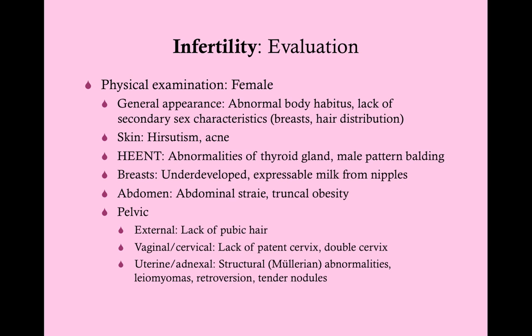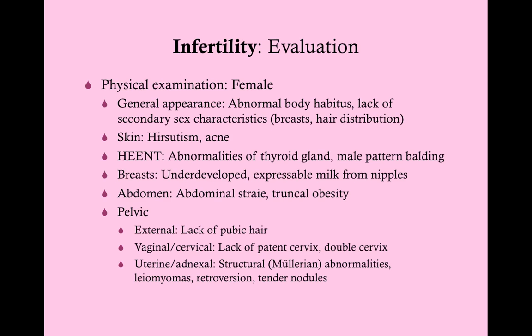So first you want to look at her general appearance. Is there an abnormal body habitus? One of the things that you might look out for, and this may come up on a test question, I can't imagine it coming up in real life because usually it gets diagnosed earlier, is: look at her habitus. Is she obese? Well, certainly PCOS.